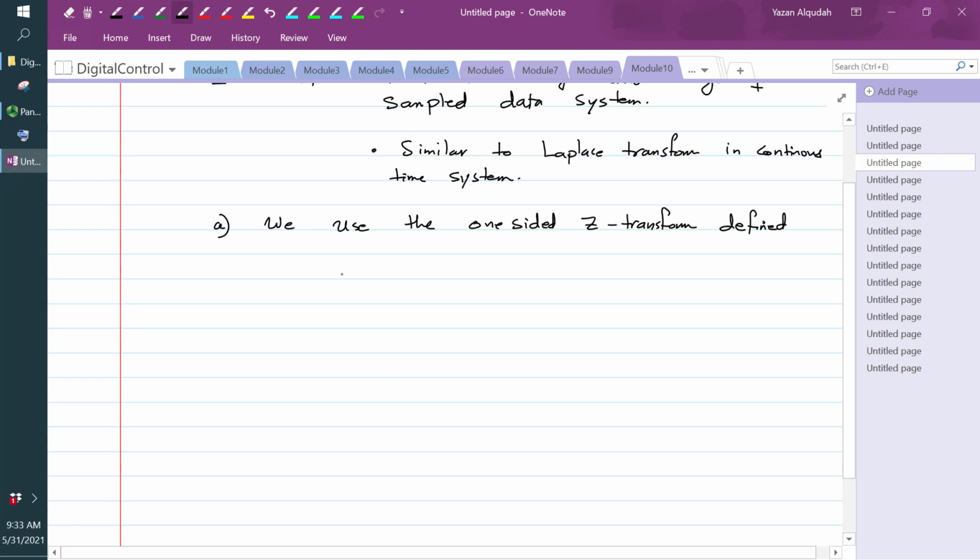The Z transform is defined as Y of z equal the Z transform of y of k, and this is equal the summation from k equals 0 to infinity of y of k z to the negative k. We call this the one-sided Z transform.